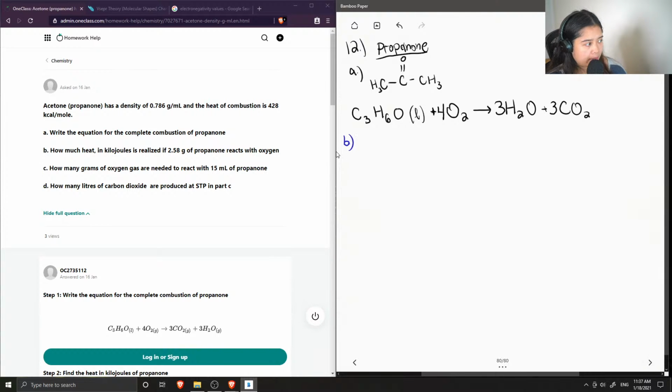Now for part B, we need to know how much heat in kilojoules is released if 2.58 grams of propanone reacts with oxygen. Okay, so to answer this question, we just need to do some calculations. So we know the mass of propanone is 2.58.